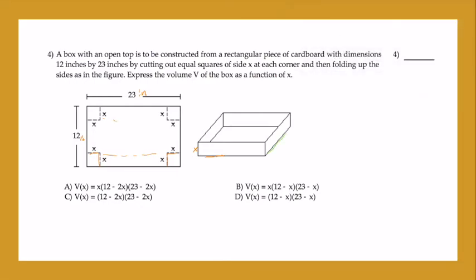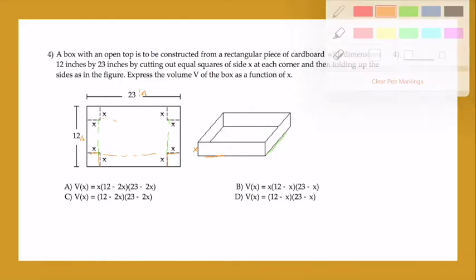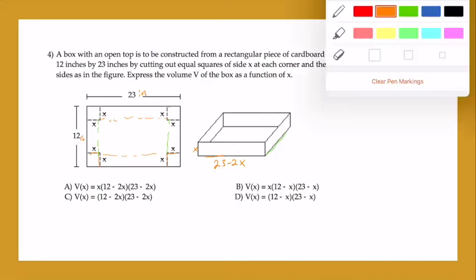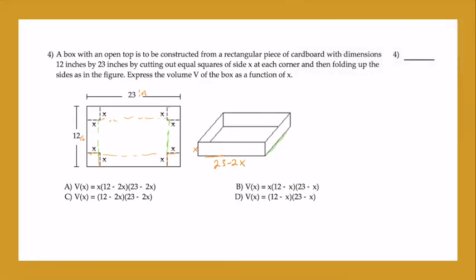Okay? So I know my height is x. What's my orange length right here? Well, I had 23 inches, but I took away 2x, so this becomes 23 minus 2x. In green, this length over here would be 12 minus 2x, because I took away 2 x's.